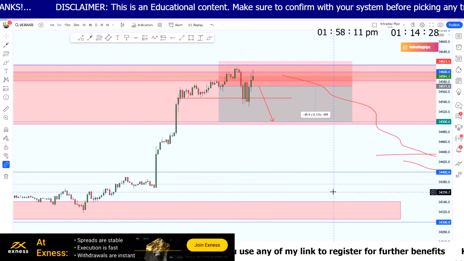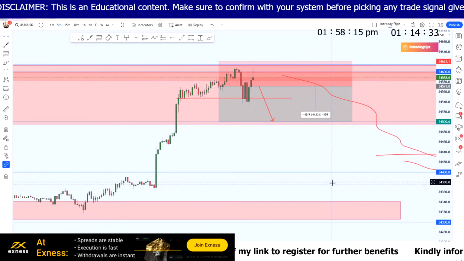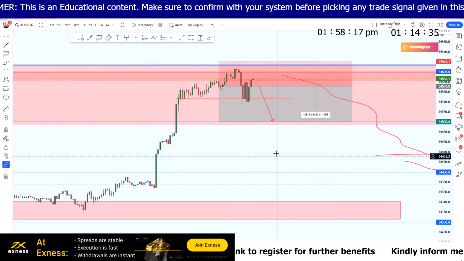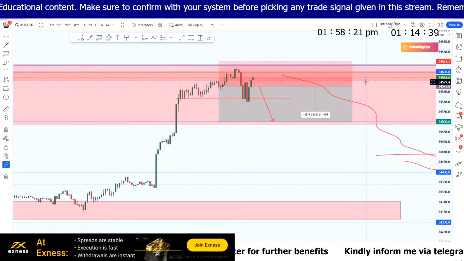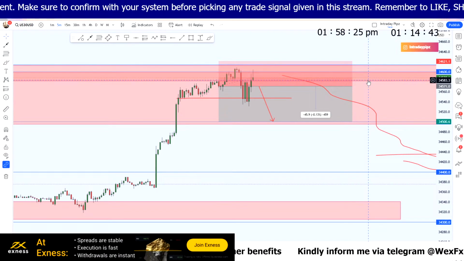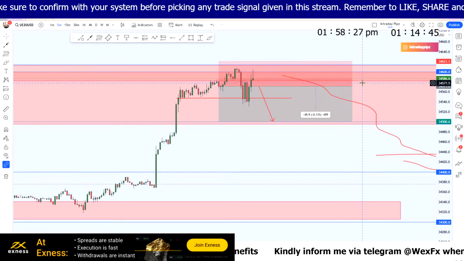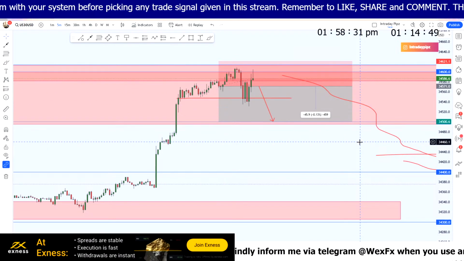So we have 2 minutes to go. Now there are two entries here. If this candle closes bullish, then I would prefer going for the break of that candle's low for an entry, so that it gives me an earlier entry. I can easily secure some profit from there.